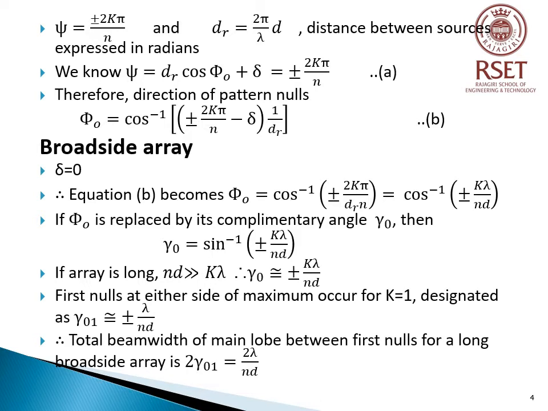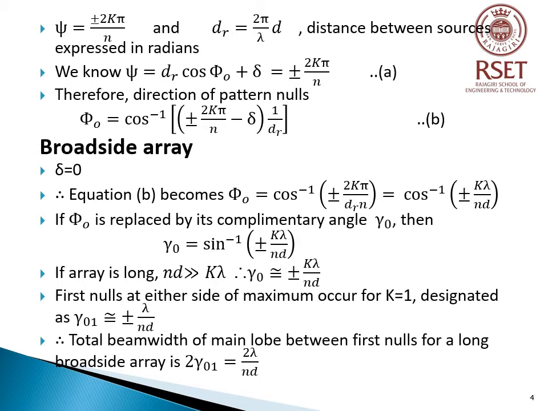So n into d will be much greater when compared to k into lambda. So k lambda by n into d becomes a very small value. And for low values of theta, sin theta can be approximated as theta. Therefore gamma naught can be approximately written as plus or minus k into lambda by n into d for very long arrays.